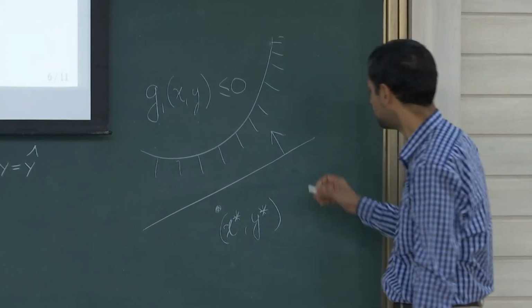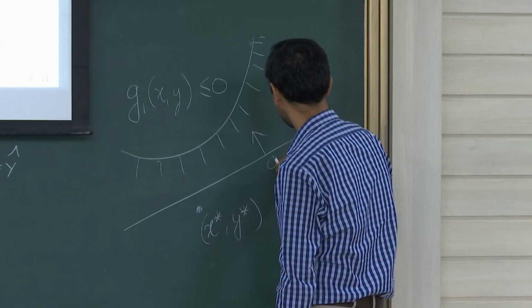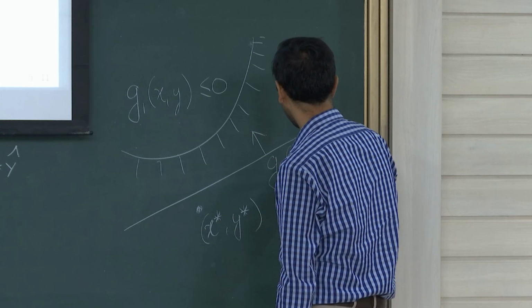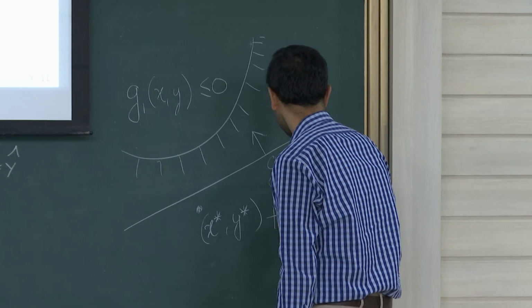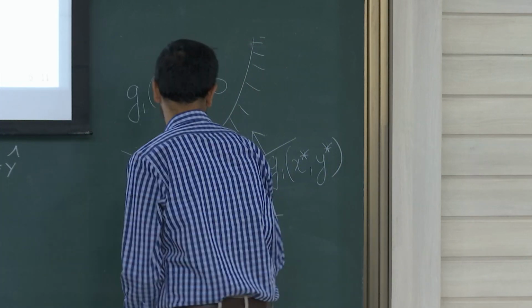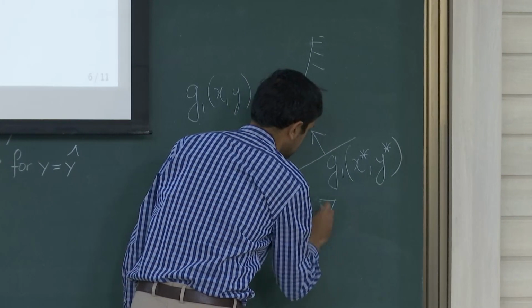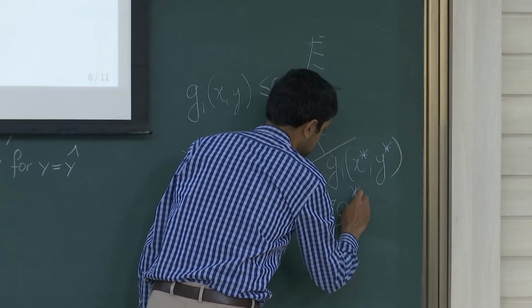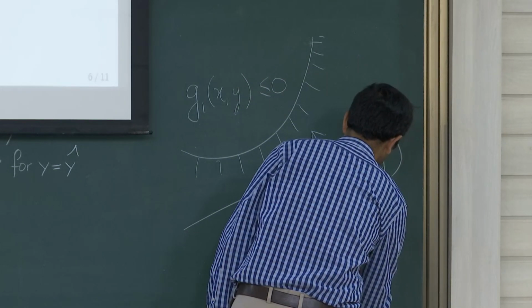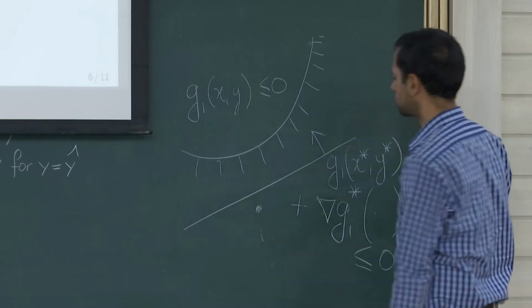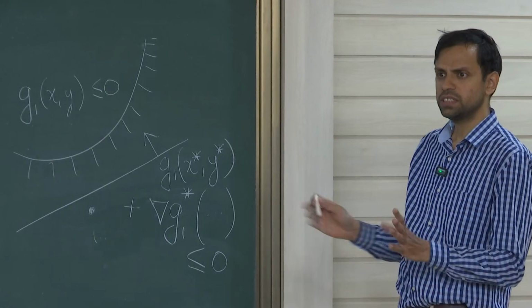This is the linearization constraint. Any questions?